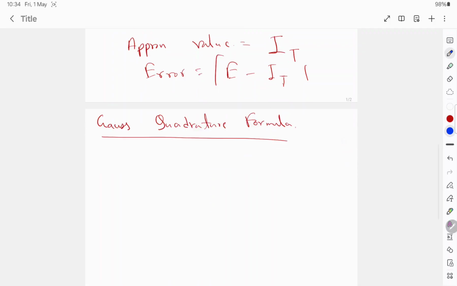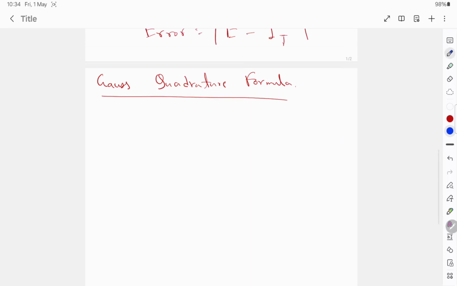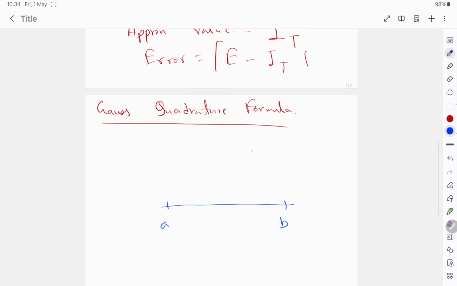Okay, so suppose you have a length a to b. This is in general everywhere we will use, and you have some function. Here basically this thing we denote with x0, and this is suppose your xn, right?